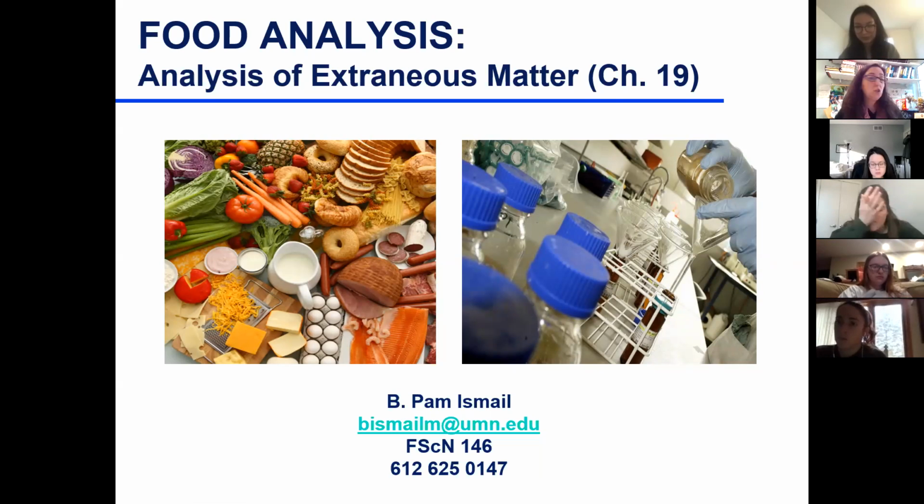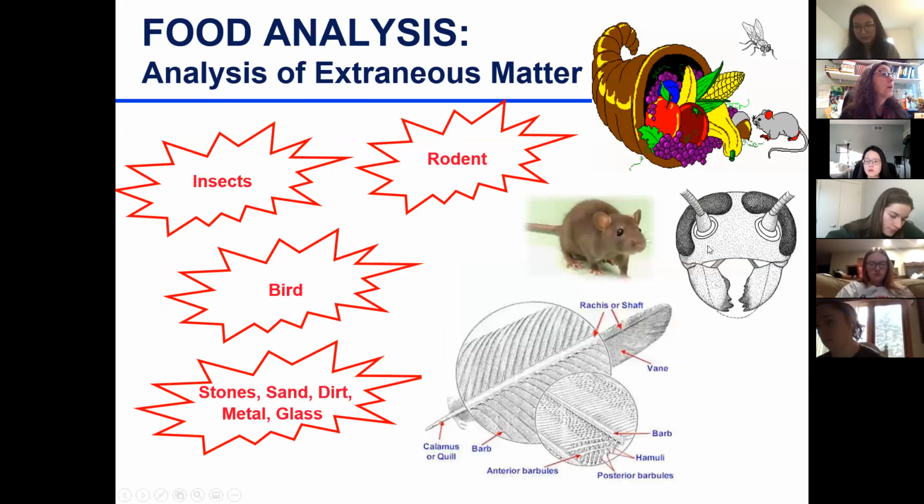It's in the food and it shouldn't be in there. So rodent hair is very common because rodents are everywhere, especially in storage warehouses. It's really not avoidable.